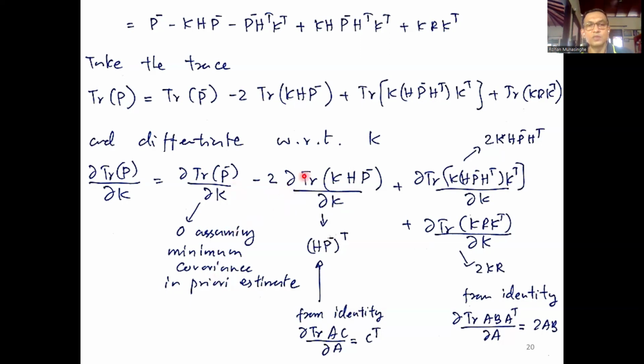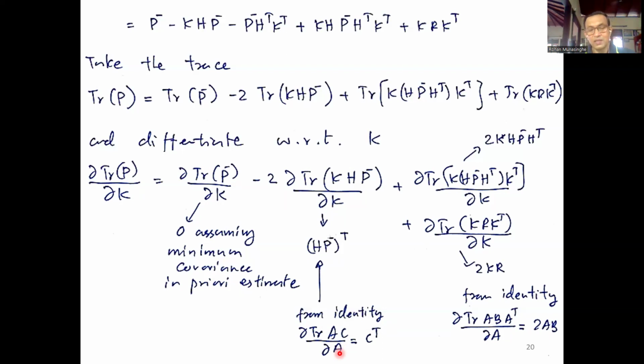Minus 2 times the trace. For that, there is an identity in linear algebra. What is that? If you take the trace of the product of two matrices A and C, trace AC, and then you differentiate it with respect to the matrix A. Remember the first day, we looked at how scalars are differentiated with respect to a matrix.